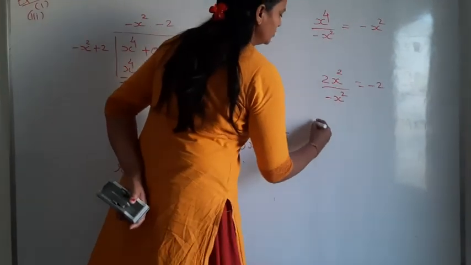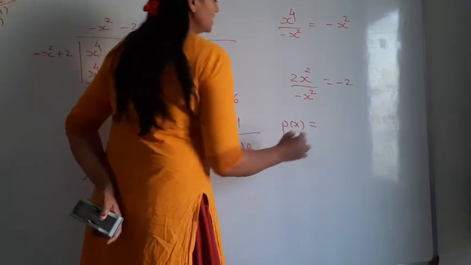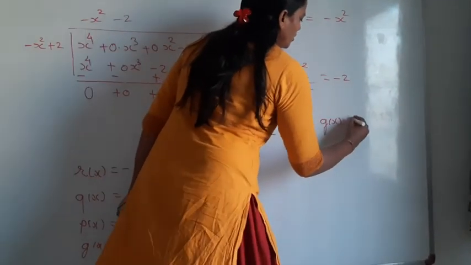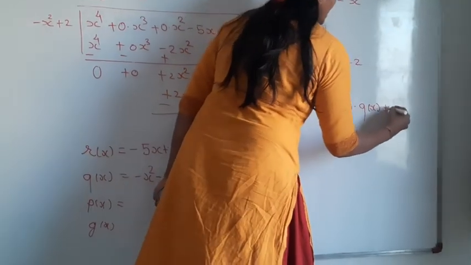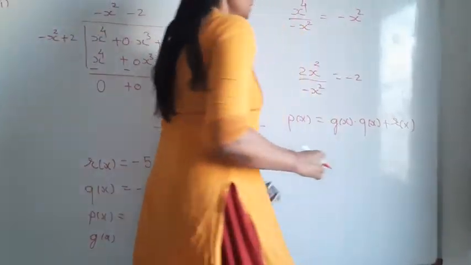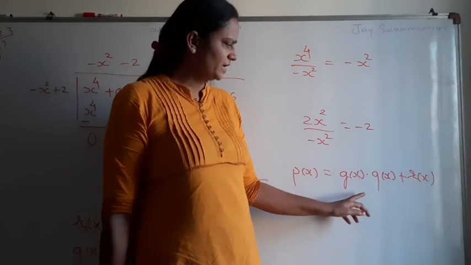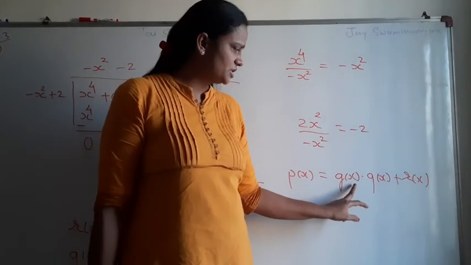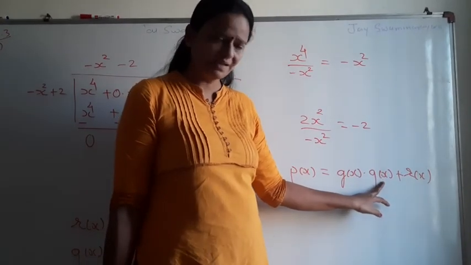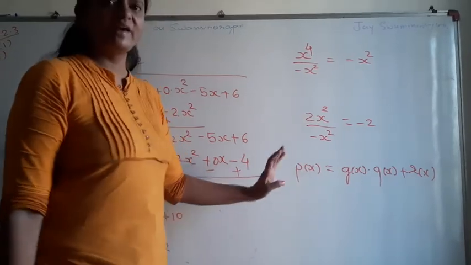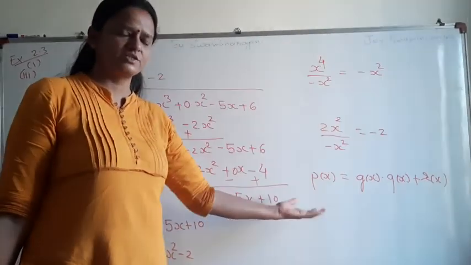So division algorithm is p of x equals g of x into q of x plus r of x. Okay, so this is your homework. Your homework is you have to multiply g of x by q of x and then add r of x and verify whether it is your p of x or not. Okay, so this is your homework.